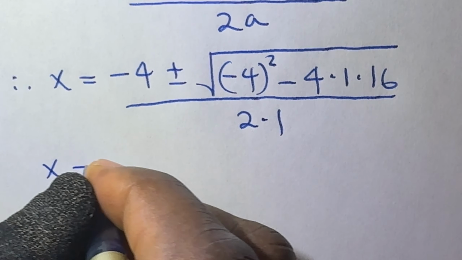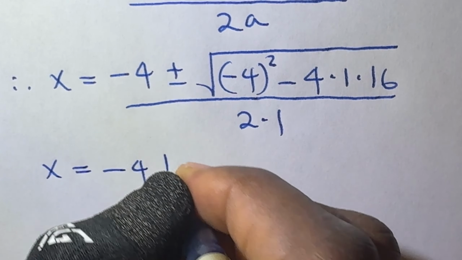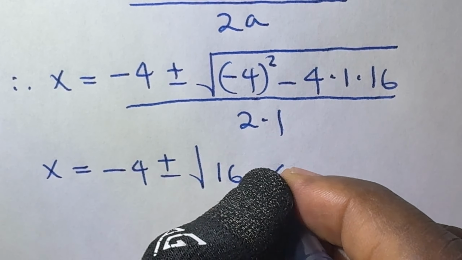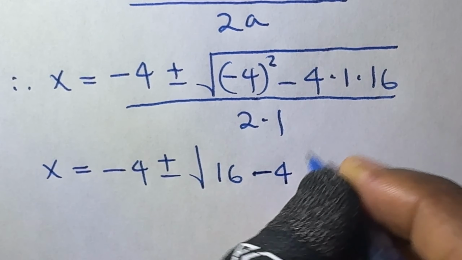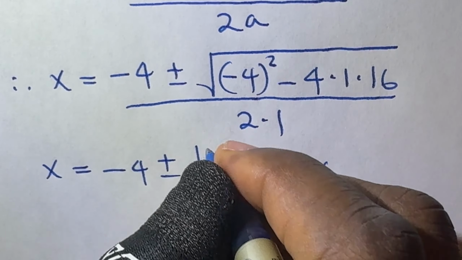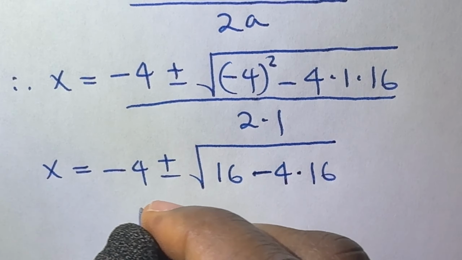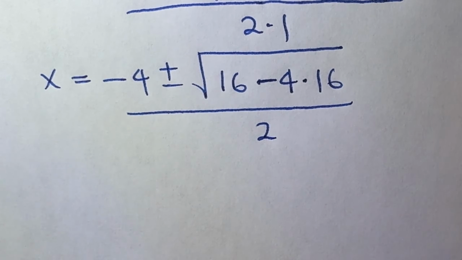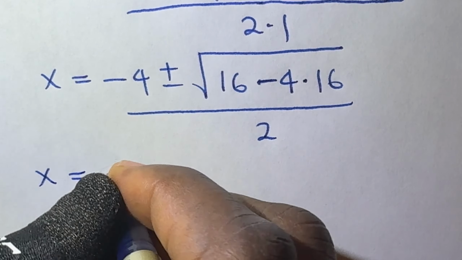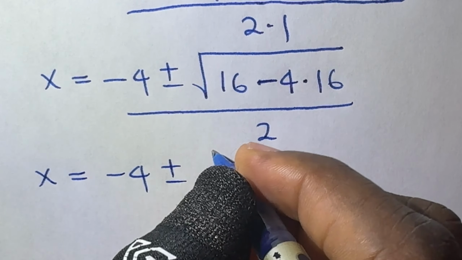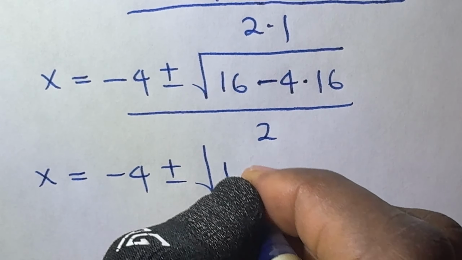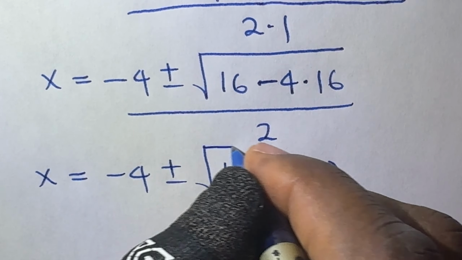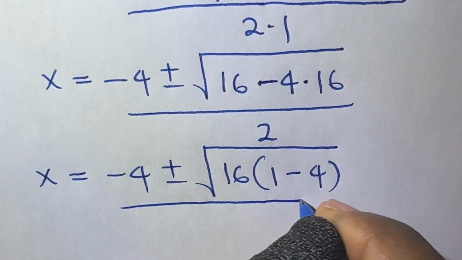This will give us x is equal to minus 4 plus or minus the square root of 16 minus 4 times 16, then divided by 2. Therefore, x is equal to minus 4 plus or minus 16 is common here, so I'll factorize 16 and I have 1 minus 4, then divided by 2.